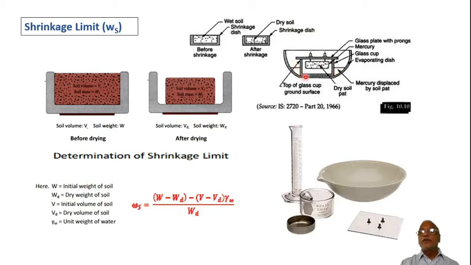So whatever collected mercury is there, the mass of that will be taken, divided by the density of the mercury, will be giving you volume of the mercury, which is nothing but volume of dry soil pat. So mercury is used for finding out the volume of dry soil pat. So that's how VD is found. Now once you know all these four quantities, you can work out shrinkage limit. That's how the procedure is, and then you should remember the formula.